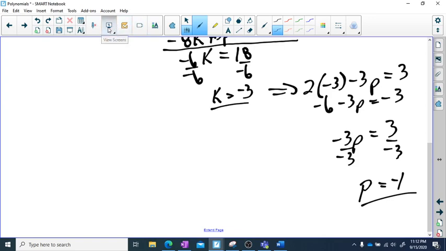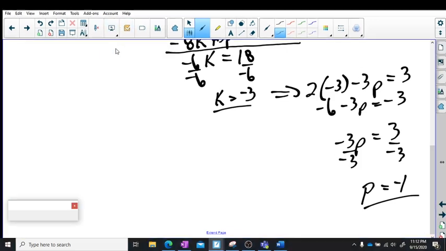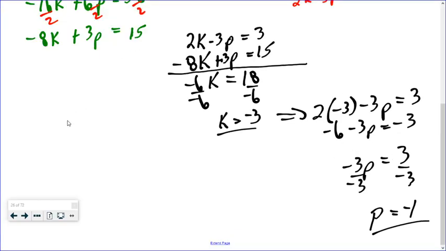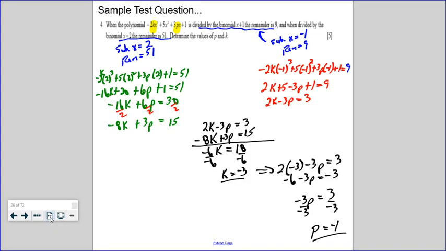So that's a pretty in-depth question that requires you to have a real good grasp of a few things. Number one, the remainder theorem to get these equations built. And then this part down here is knowing how to solve a system of equations.